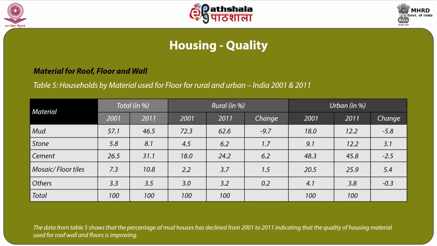In case of urban households, a similar trend is seen, but there is also an increase in mosaic and floor tiles by 5.4%. Overall, the data from table 5 shows that the percentage of mud houses has declined from 2001 to 2011, indicating that the quality of housing material used for roof, wall and floors is improving.